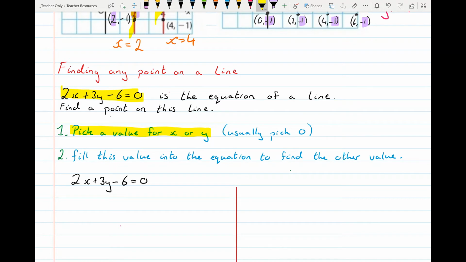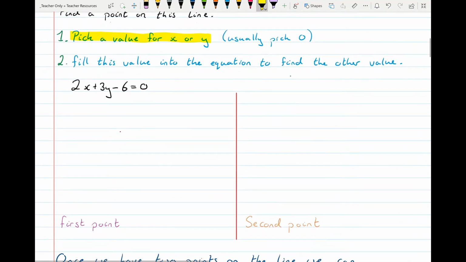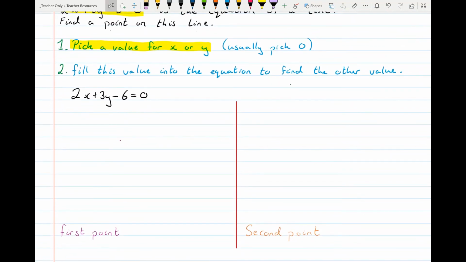Once you've picked 0, let's say, for x, you fill that into the equation and solve for y. That will give you your first point on the line. And then you do the same thing in reverse. You take 0 and fill that in for y in the equation and solve for x. And that will give you a second point. Once you have your 2 points, you can then plot them and join them up to draw the line.